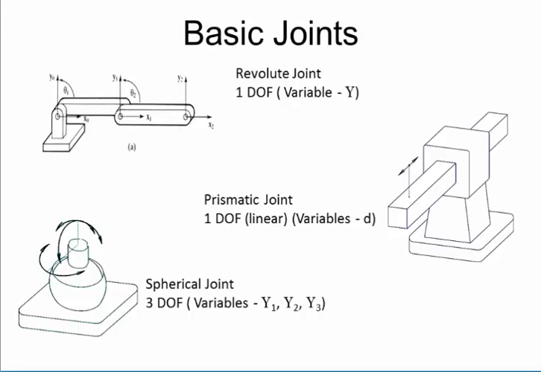Okay, basic joints. This is just giving you some sort of indication, and this is just introducing terminology into the room, that's all. We talk about a revolute joint, which has 1 degree of freedom, and the variable here is y, and essentially you've got your y1, y2, and y0. These are referred to as your degrees of freedom.